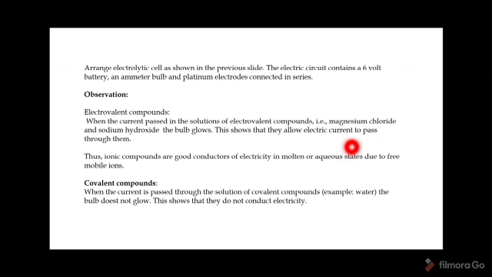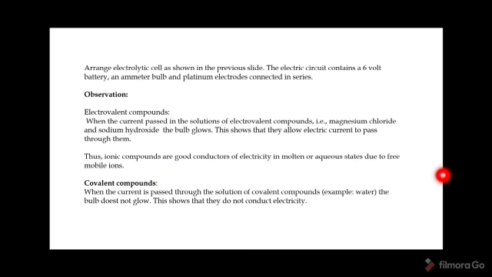An electrovalent compound, made up of ionic bonds, dissociates into ions. Thus, ionic compounds are good conductors of electricity in molten or aqueous state due to free mobile ions.